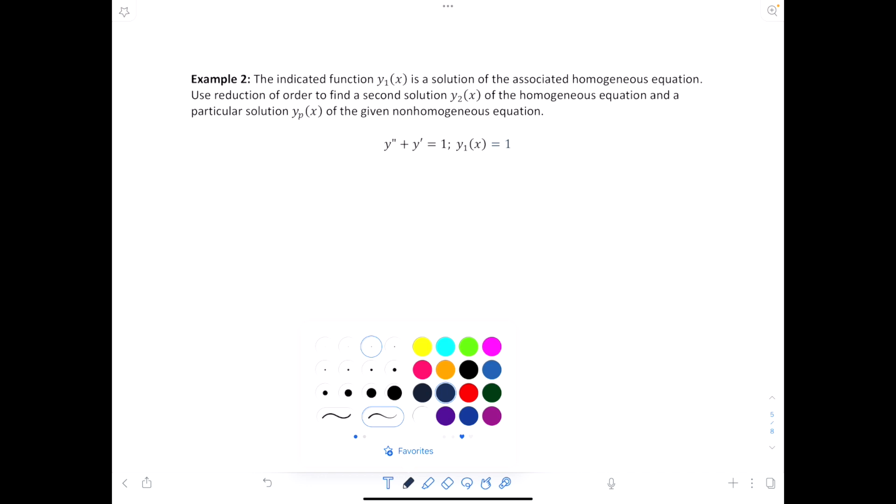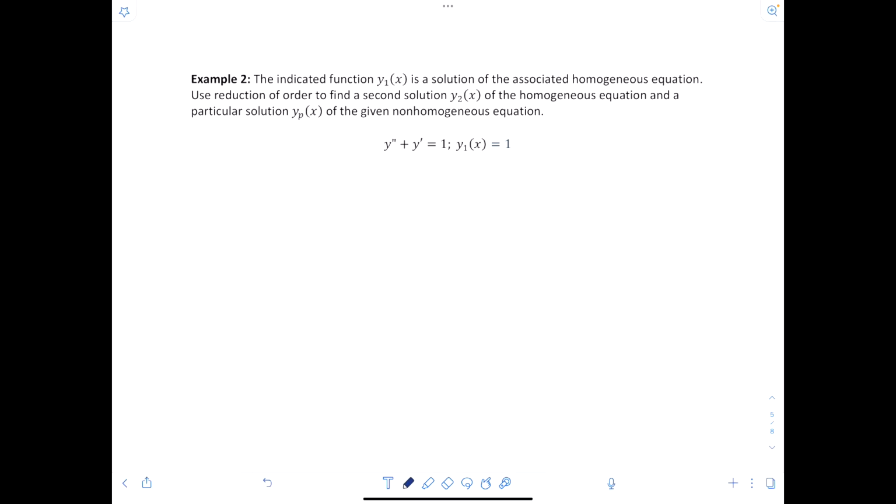Okay, so let's look at an example where we not only need to find a second solution, but we want to find a particular solution. So this one is non-homogeneous because it doesn't equal 0. Let's go through this and see what we've got.